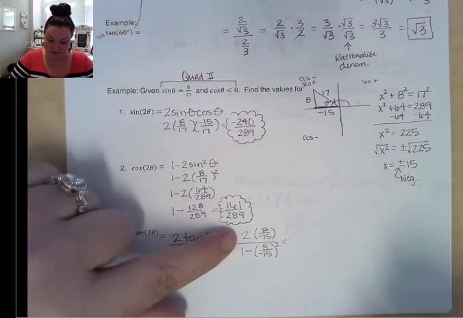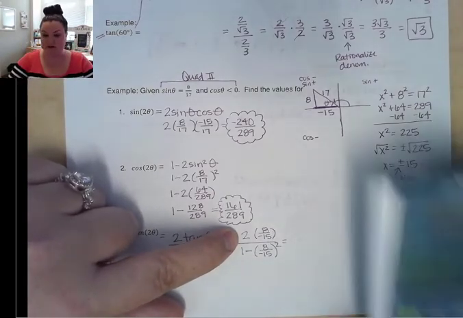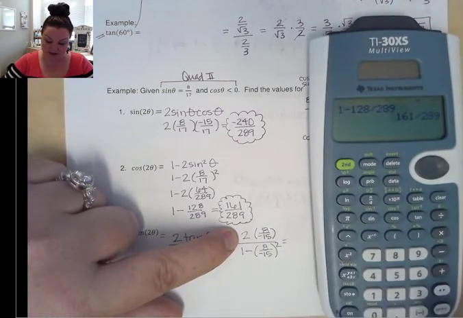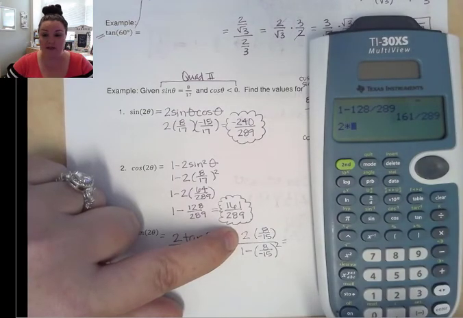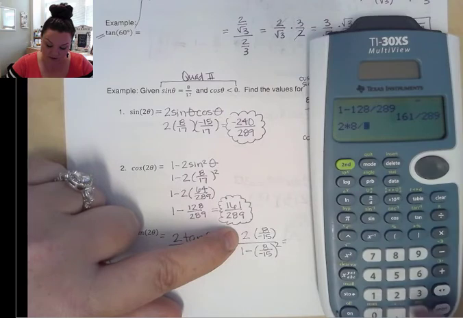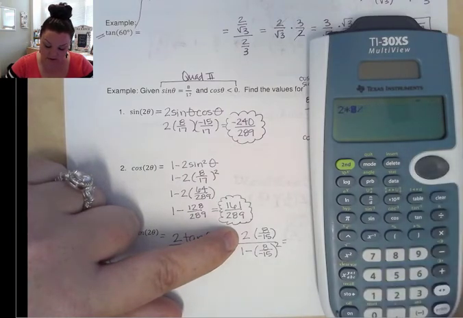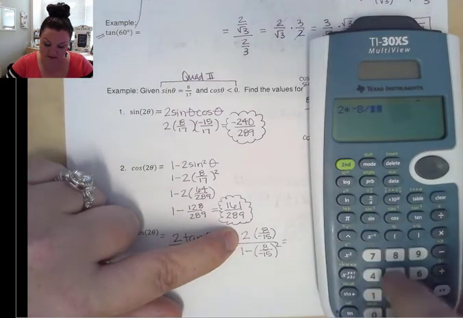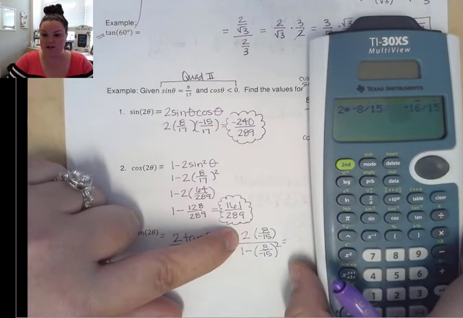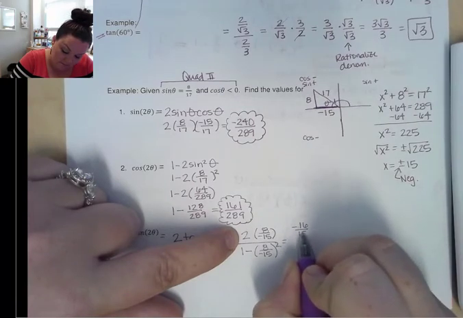So on top, when I multiply these two together, again, you can use your calculator. If you're not good with fractions, you can do 2 times. And again, you don't need parentheses if you're using your fraction button. 8 over negative 15. Oh, it doesn't like the negative on the bottom. We'll do negative 8 over 15. Same thing. Which gives me negative 16 over 15. Right?